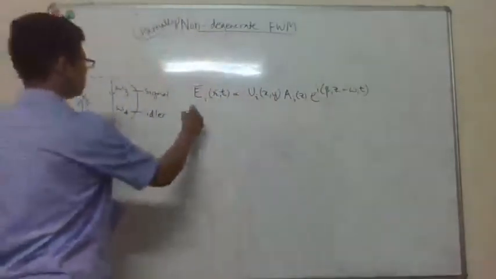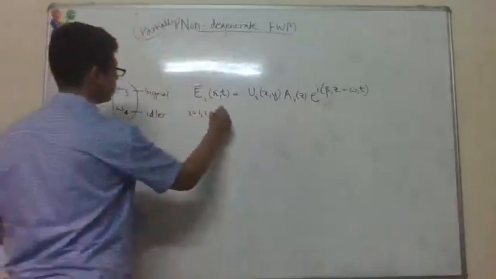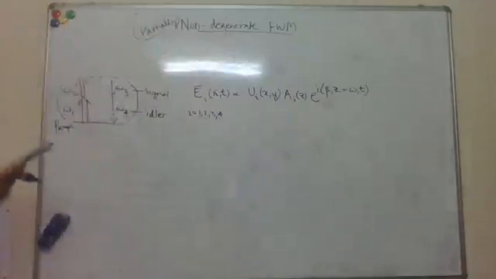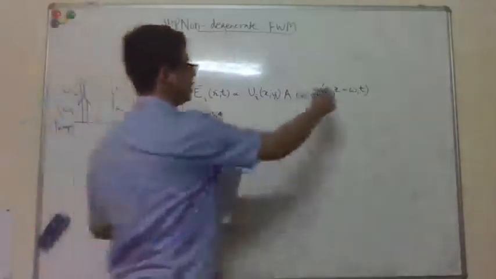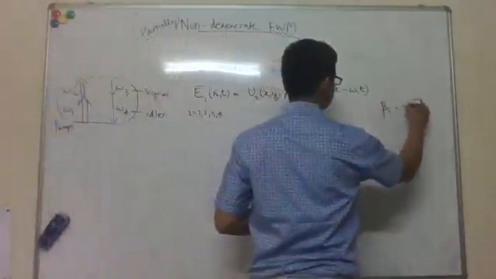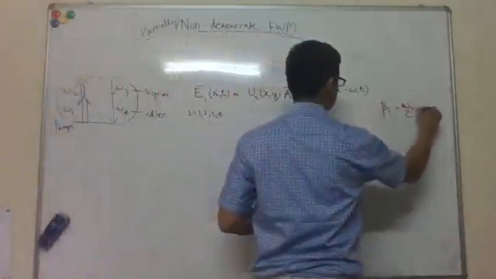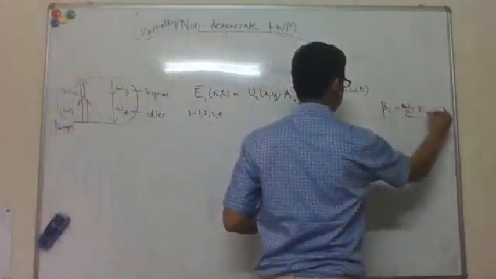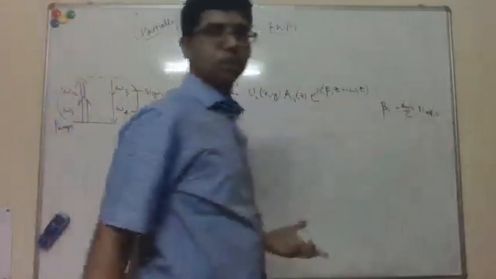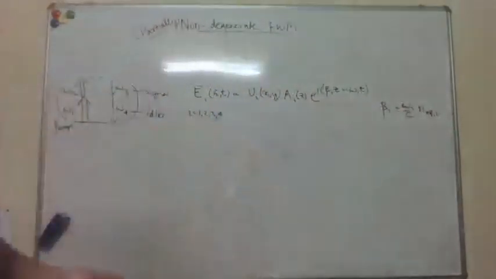Here i is 1, 2, 3, 4 for the four waves. So beta here is omega over c times n, where now n is the effective index of that particular mode.